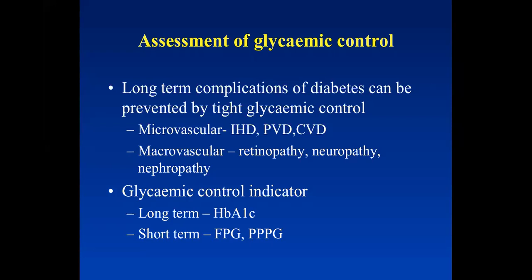So the microvascular complications are small vessel disease, ischemic heart disease, peripheral vascular disease, cardiovascular disease. Oh, actually I have done the other way. Okay, these are macrovascular diseases. Microvascular diseases are retinopathy, neuropathy, and nephropathy. I'll correct that before I upload.